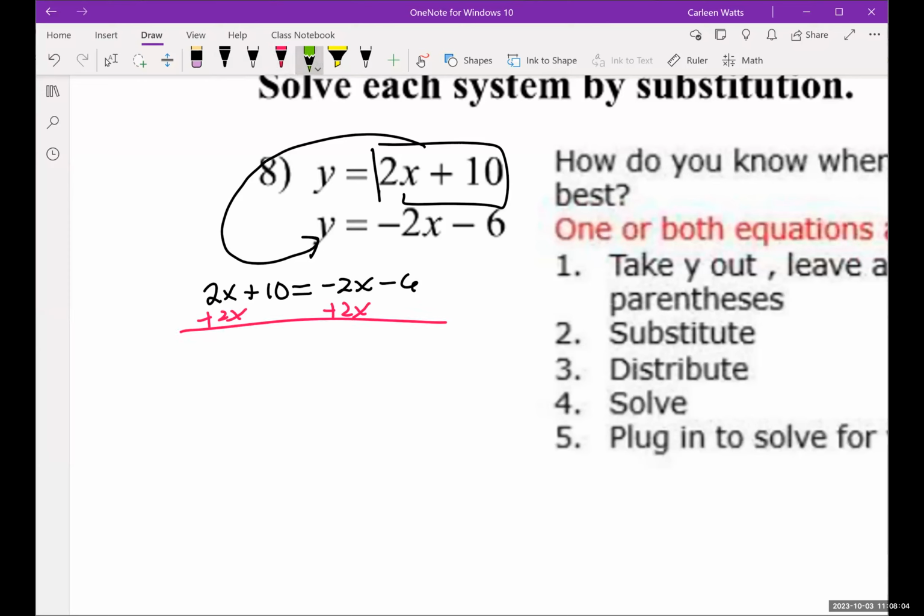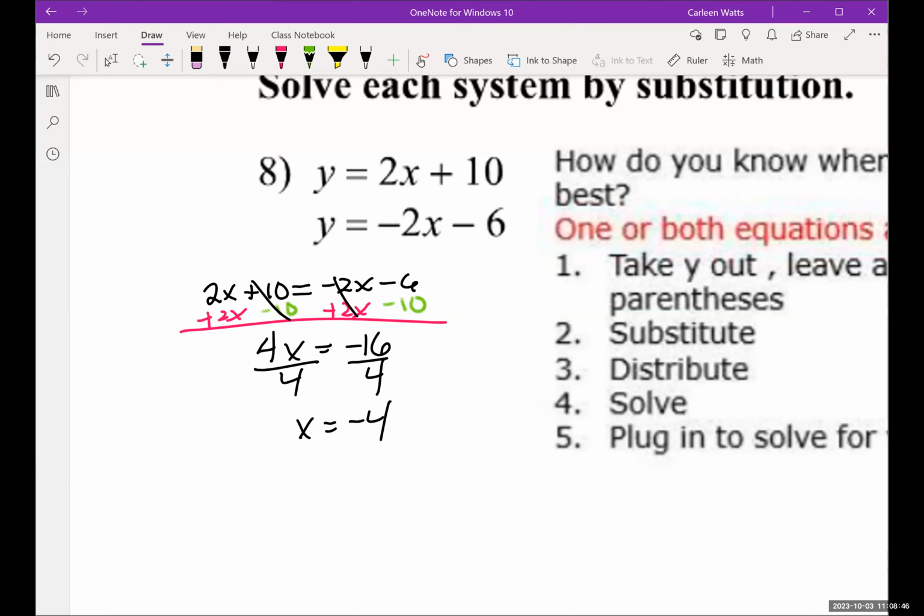And you know what? I'm going to take a little shortcut. I'm also going to move the 10 at the same time. So 4x is equal to negative 16. Divide by 4, x is equal to negative 4. Now, people tend to like this one the best of all 3. Like is a very strong word, but people tend to always get this one right.